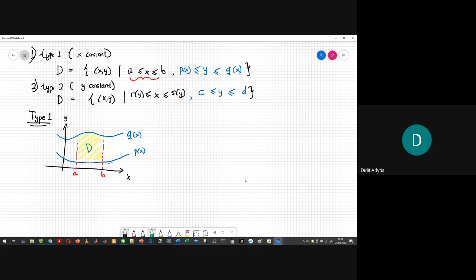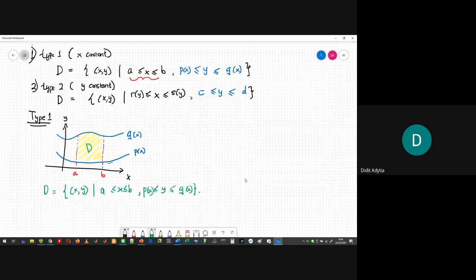Now I rewrite D again. It is a pair of x and y with conditions: x is between a and b, and y is defined between p(x) and q(x).